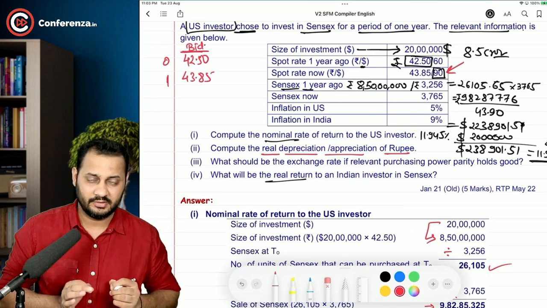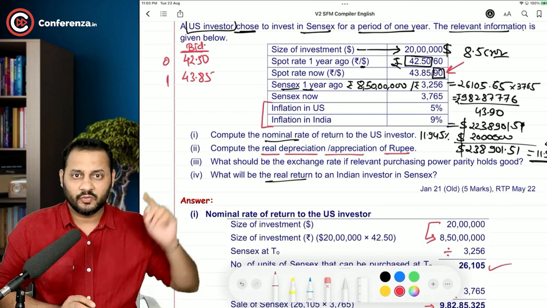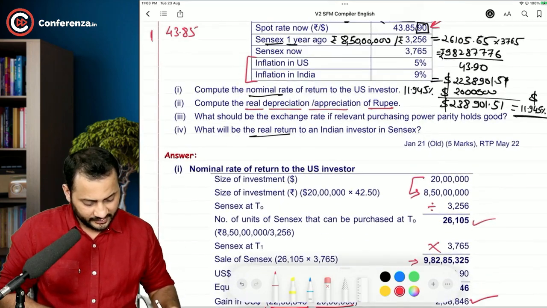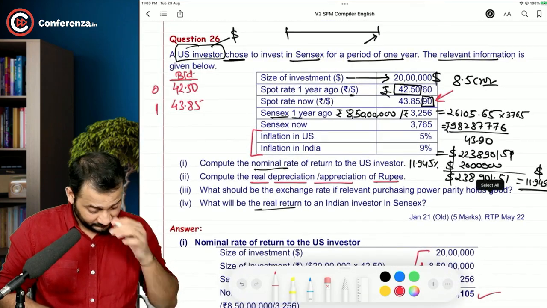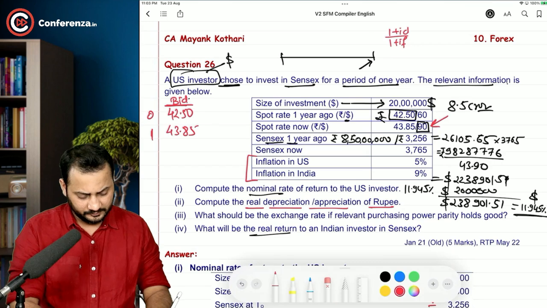And we know that because of the inflation, forward rate will get impacted, right? Let's just find out. 1 plus ID divided by 1 plus IF.